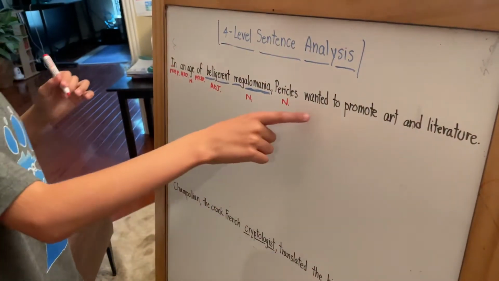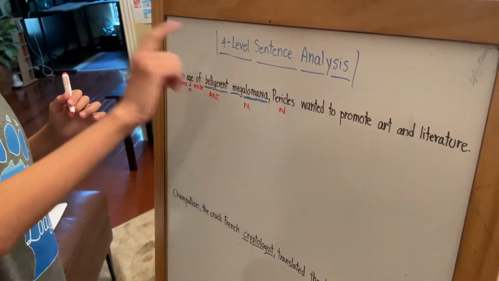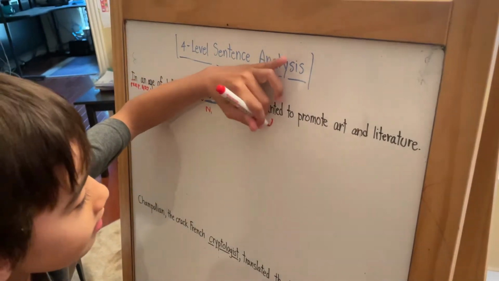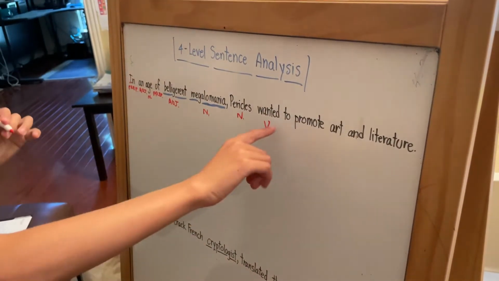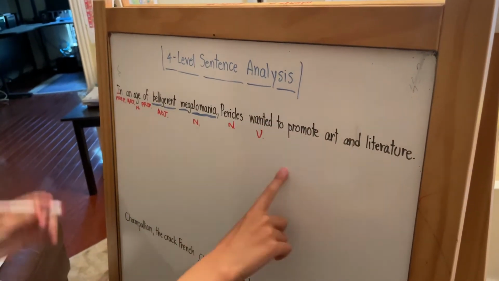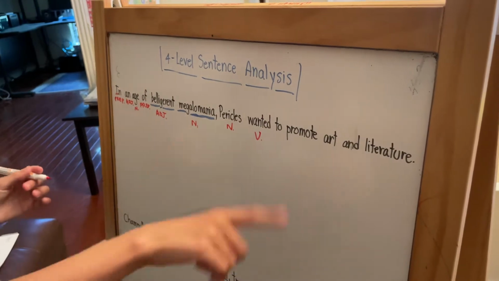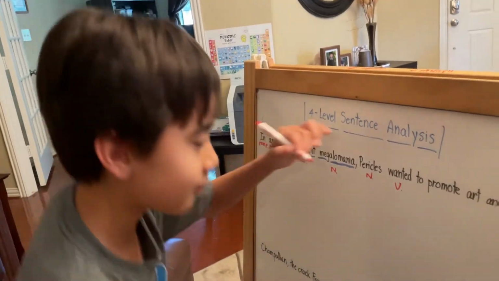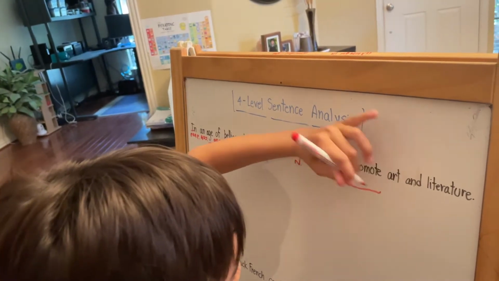And then wanted is a verb because it's conveying action. Pericles is wanting to do this. Verb. And then here we have to promote is a compound noun, meaning it contains several words. So to promote is something that you do, which is always going to be a noun. So that's why this is a noun.